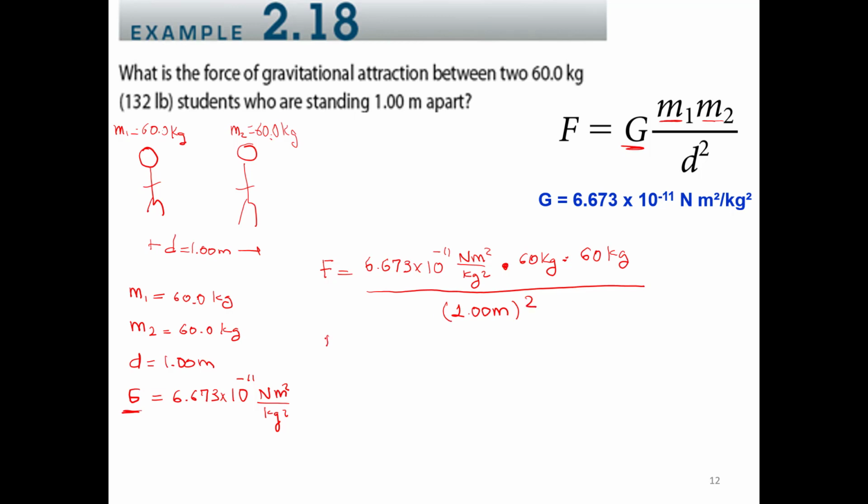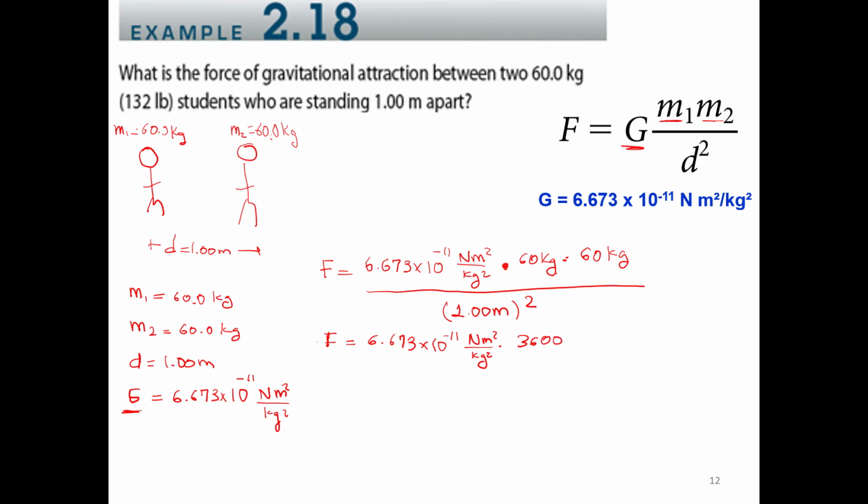And I will try to write this problem step by step. And the force equals... You can skip some of the steps when you are solving, but here I want to show step by step. Let's multiply 60 times 60, 3600.